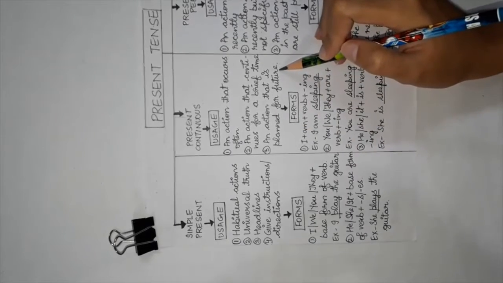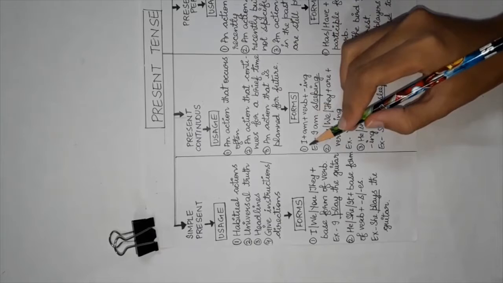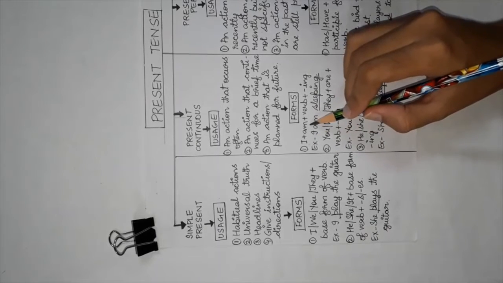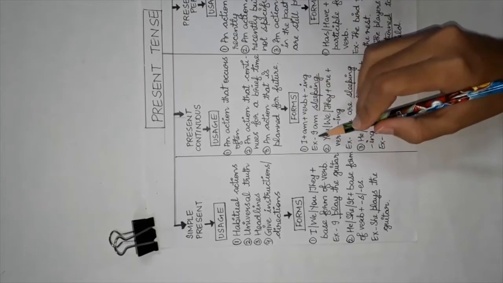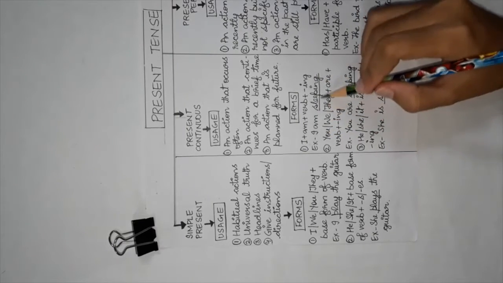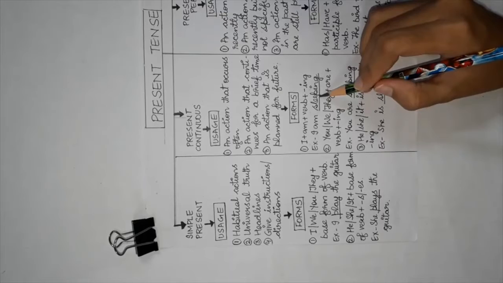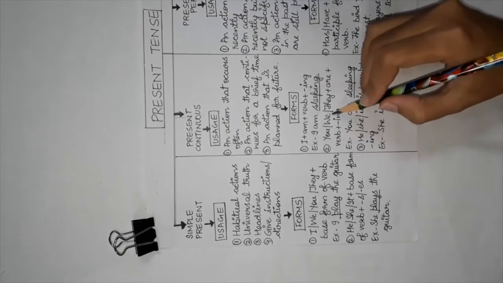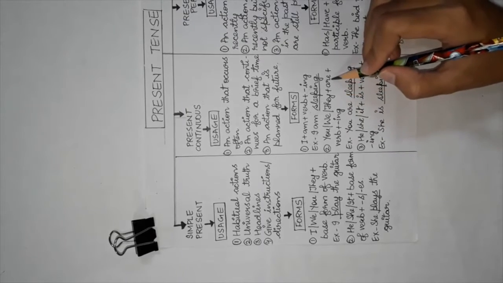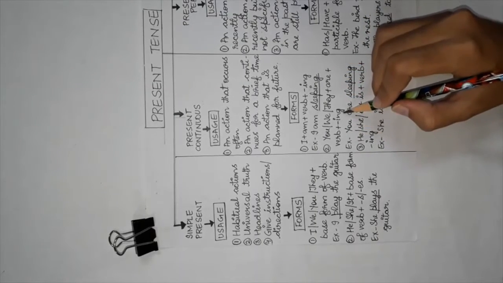And the forms we use in this: with I and am we use the verb plus ing form, which means I am sleeping. Here sleep is a root verb, and we are adding ing to it. I am sleeping. With you, we and they we use are and verb plus ing.